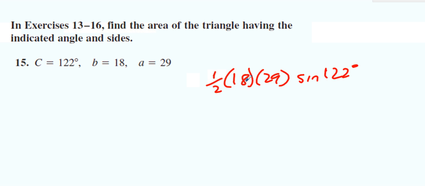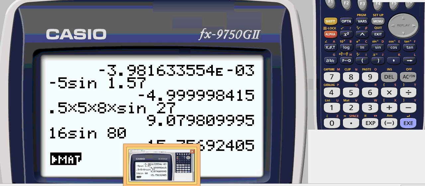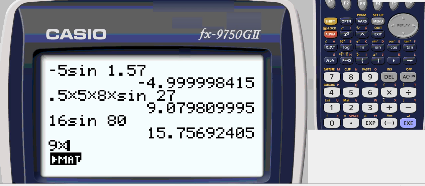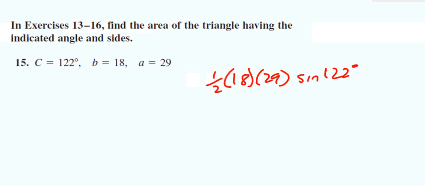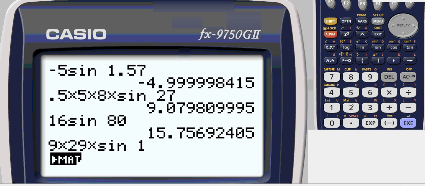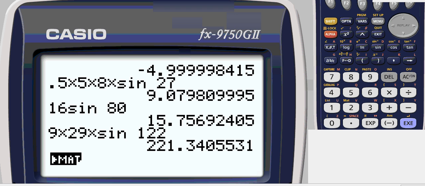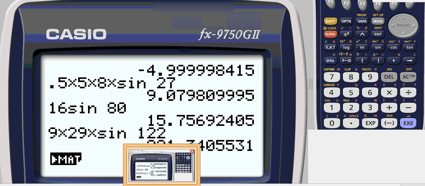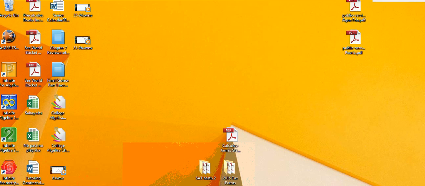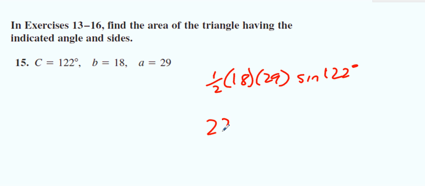So that's 9 times 29 times sine of the angle, which was 122. 221.341. Units squared.